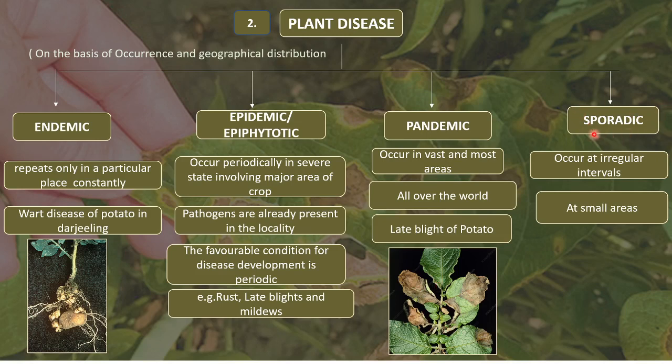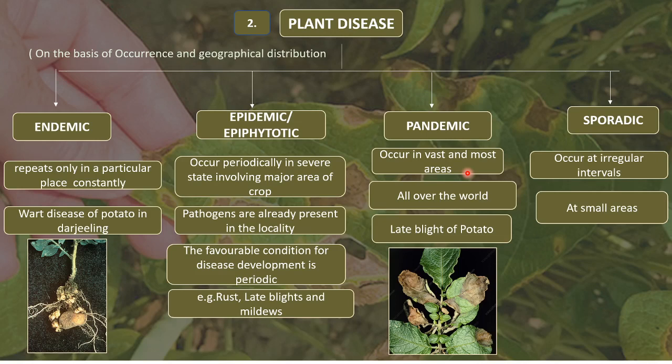We can also say that sporadic is just a starting stage of epidemic, where you can see infections in smaller areas, but later on the sporadic can become epidemic or pandemic, right? So these are certain classifications of plant diseases.